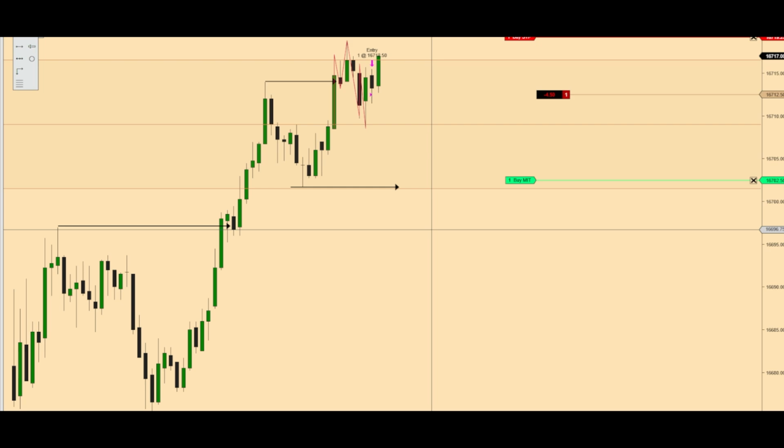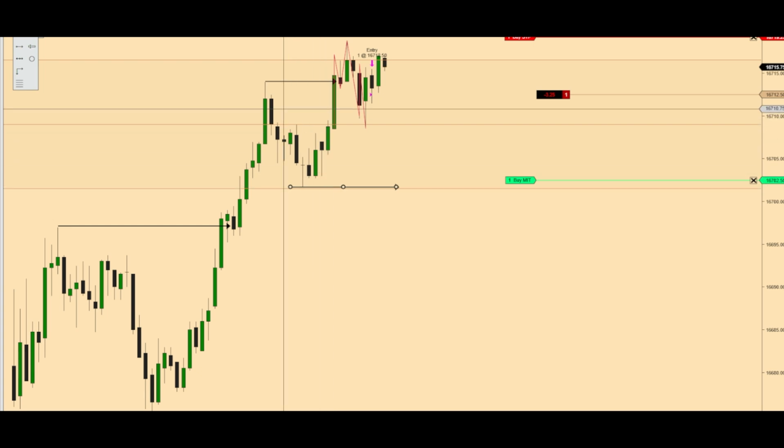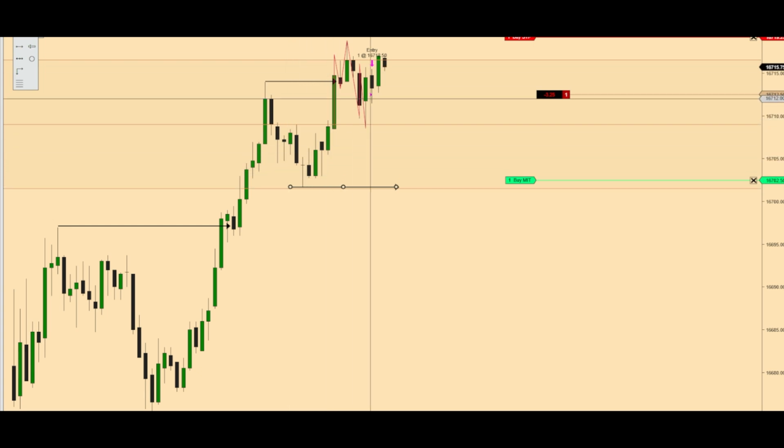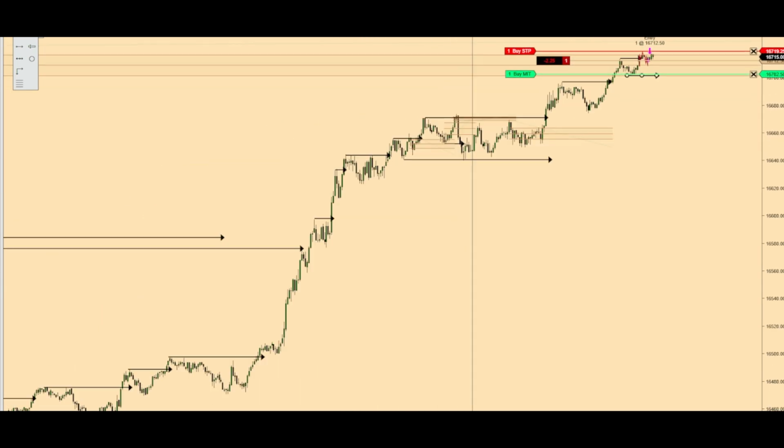So I could always just avoid these and wait for a structural, like a protected low, to break. I'll probably get stopped out.